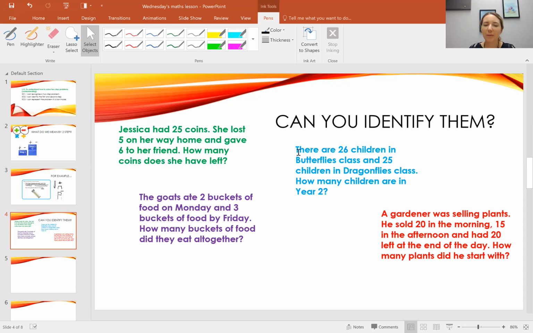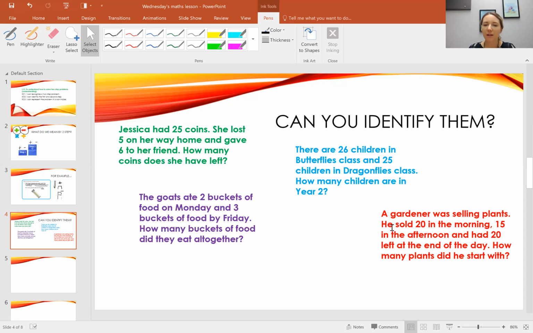Well done. Let's look at the blue one. There are 26 children in Butterfly's class and 25 children in Dragonfly's class. How many children are there in year 2? Is that one step or two step? Write it down. Have you done that? Well done.